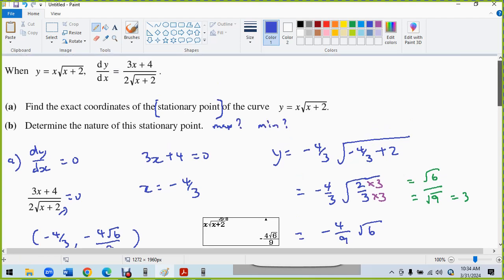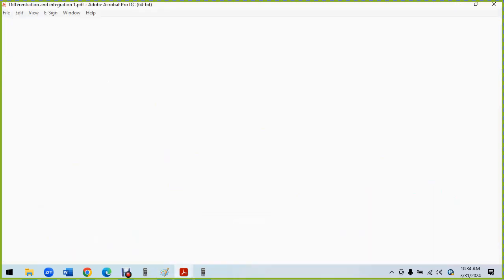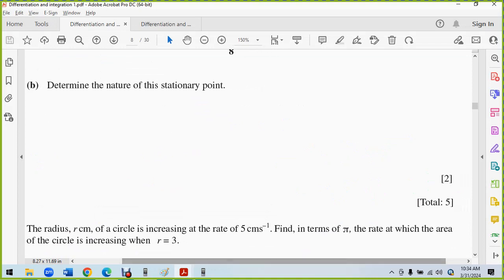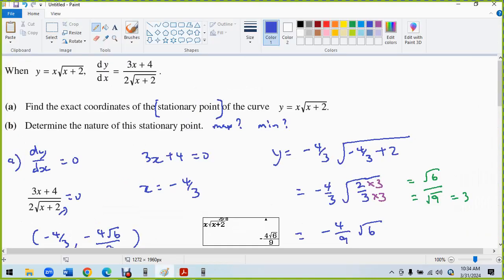That means we want to know whether it is a maximum or a minimum. So what we can do, two ways. One is we find the second derivative. But for this one, finding the second derivative will be very difficult. And the marks for this question is just 2 marks only. So it's not worth for us to find the differentiation. But we can check the answer.